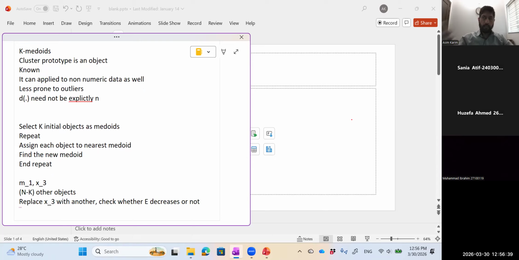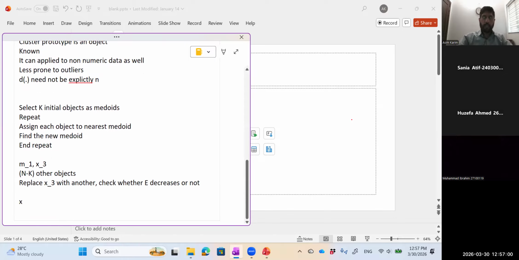So if E increases, obviously that is not a candidate. मतलब obviously वो जब increase हो रहा है इसका मतलब वो central तो है ही नहीं. E3 was better, X3 was better. But if it decreases, and there may be many that causes to decrease, we'll choose the one that has the least error.